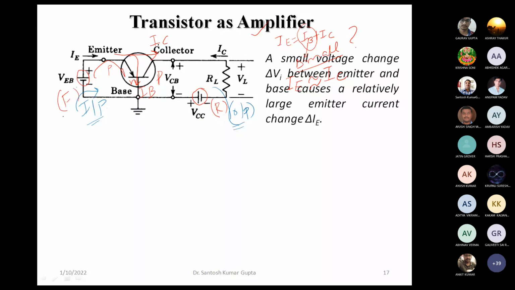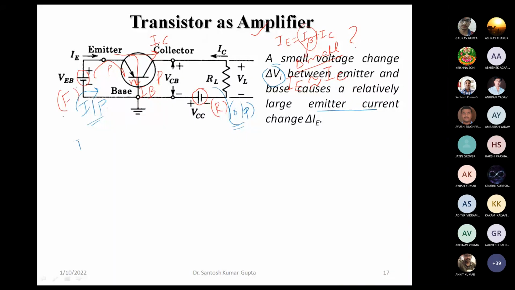If there is a small change in the input voltage between the emitter and base, then because the base-emitter junction is forward biased, there will be a large change in the current.